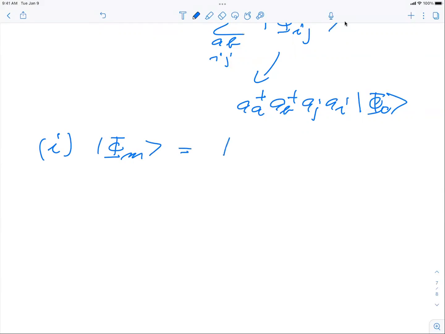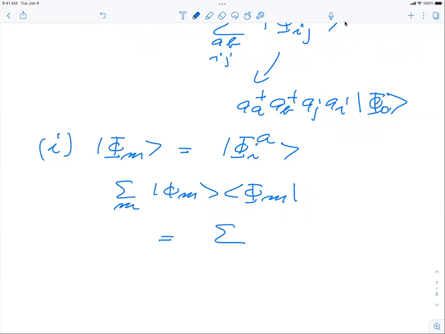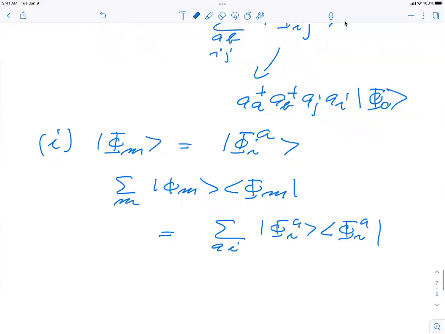That means that we can start now with this state here, for one particle, one hole excitation. The sum over m of phi_m multiplied with phi_m becomes a sum which runs over a and i of the state phi_i^a multiplied with phi_i^a. So this is just the outer product of the two vectors.